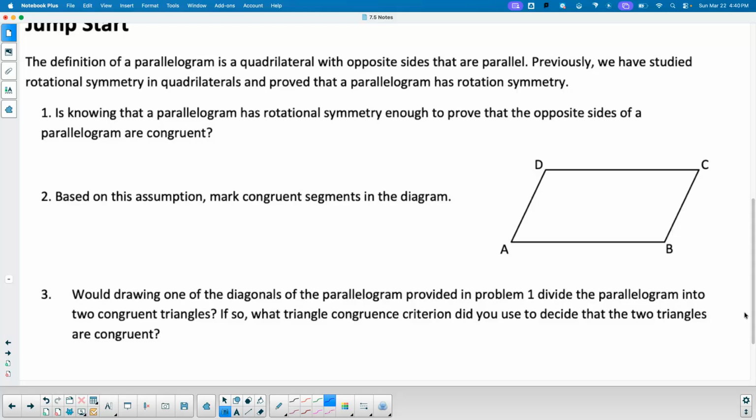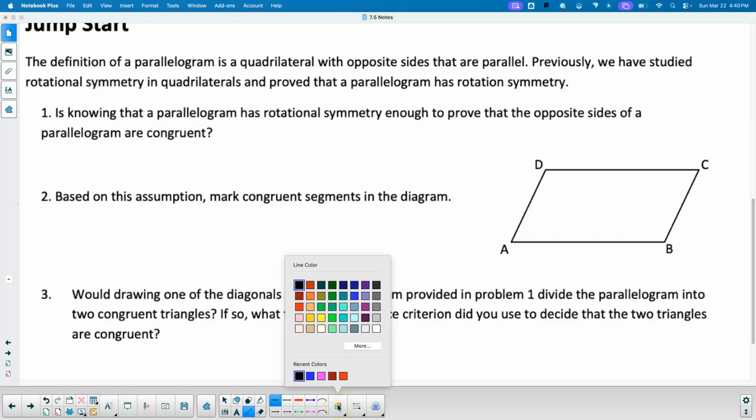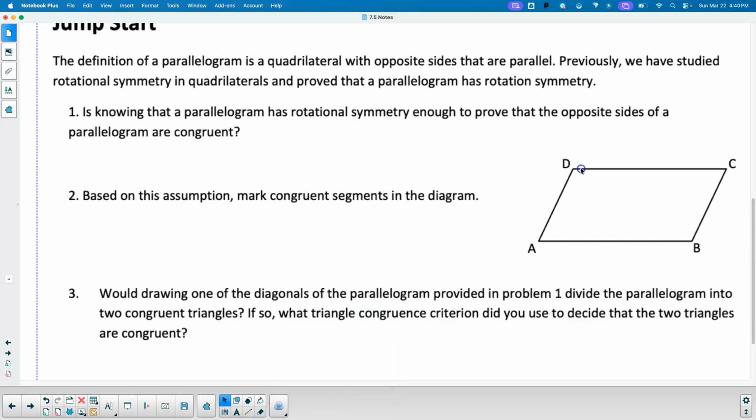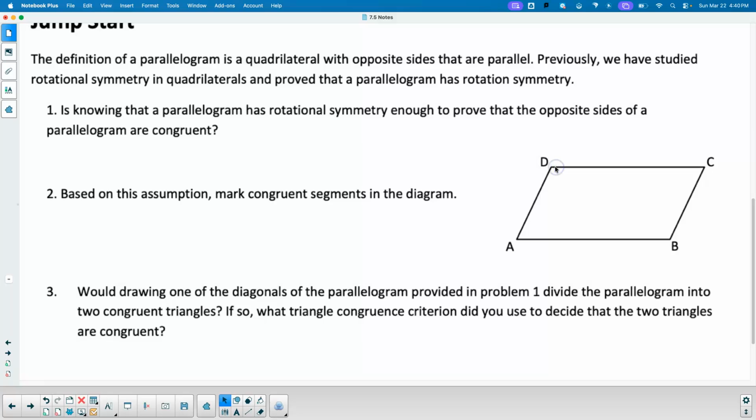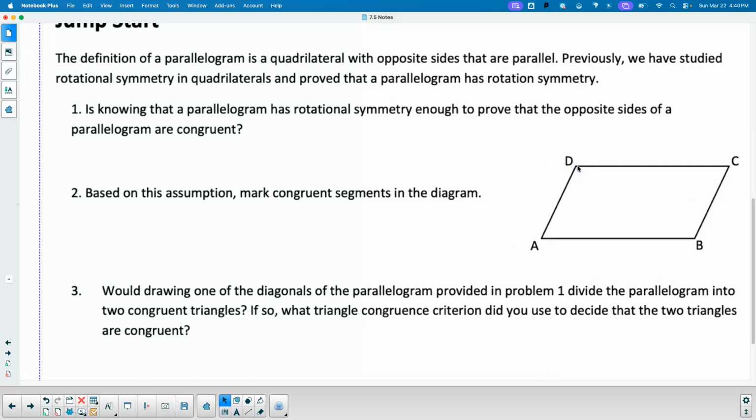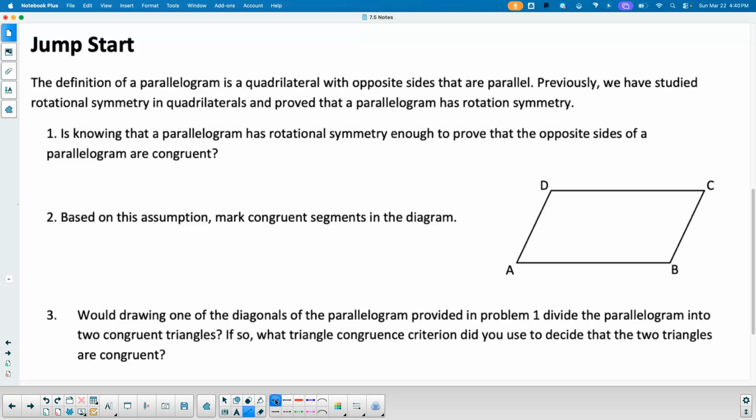Yes, it is, because here, if I show this, so let me figure out how to do this. We'll go with purple. Sorry about that.